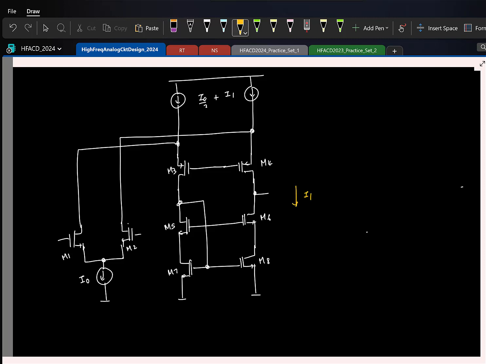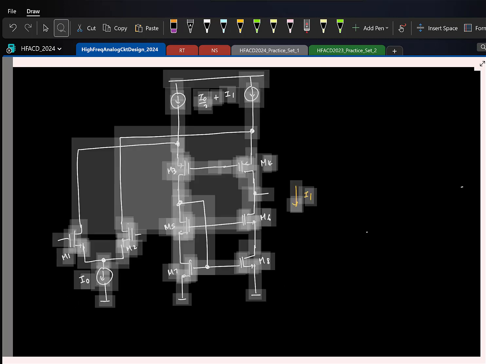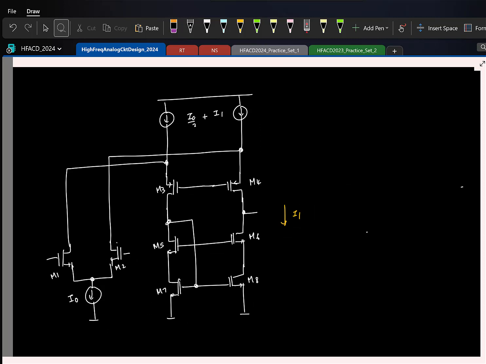Cool. So again, if you find the small signal gain, do you think it will be different from the telescopic cascode or same as a telescopic cascode? Why? Same, right? With respect to small signal, this is going to have the same small signal equivalent as the telescopic cascode we saw.